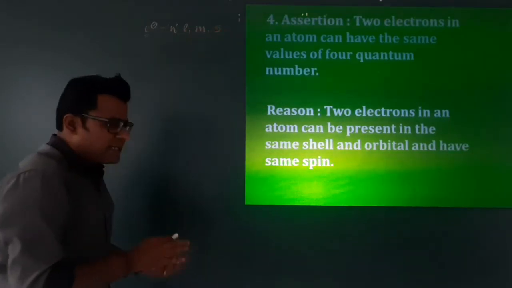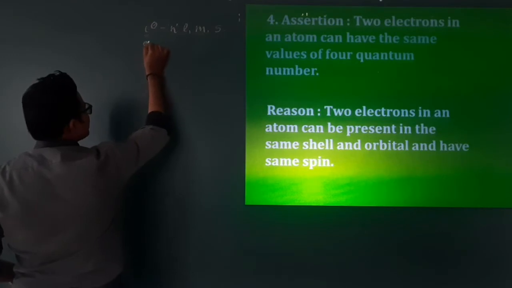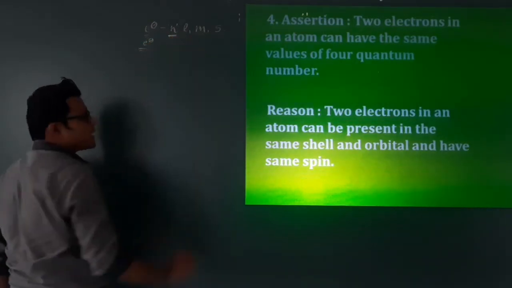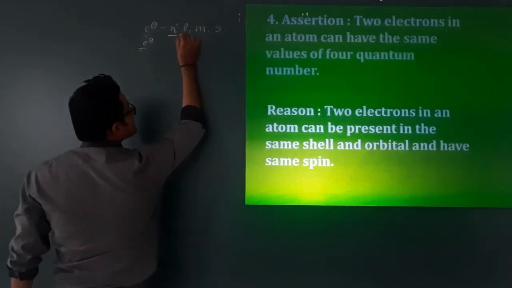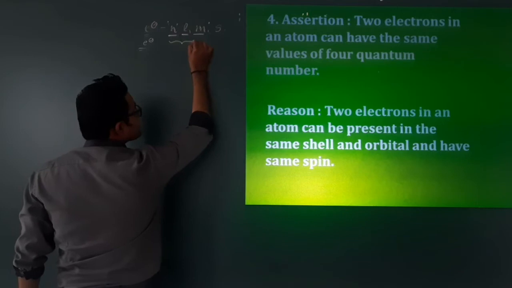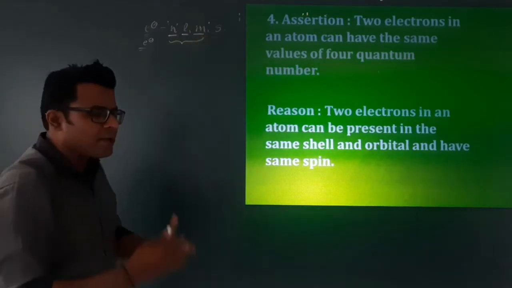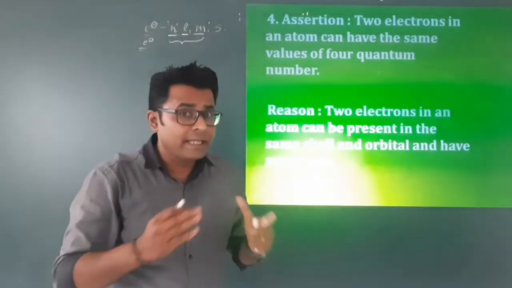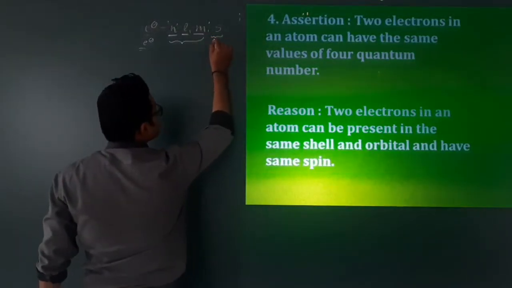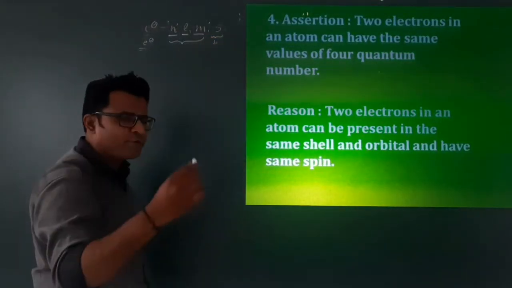If there are two electrons, both electrons can have the same shell number, same subshell, same orbitals, and these values can be the same. But at the end, they differ with respect to the spin of the electron.